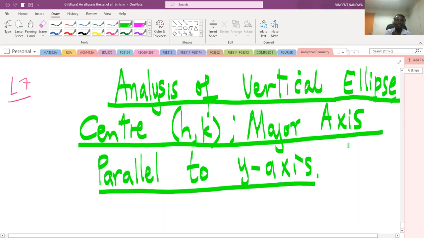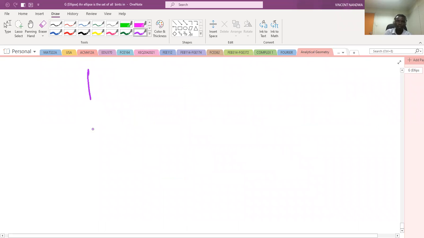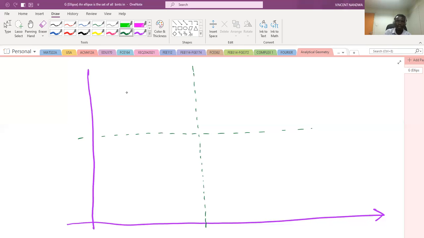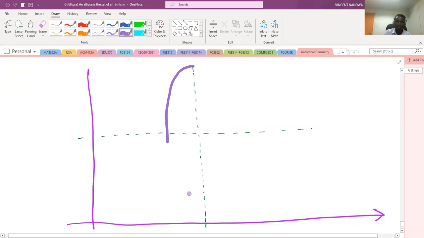So let's draw the sketch. And then let this be the line x equals h. And then let this be the ellipse.